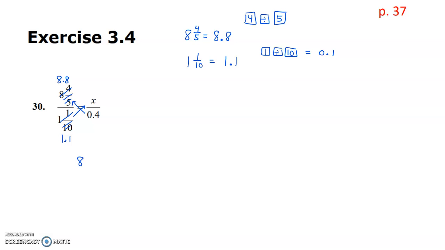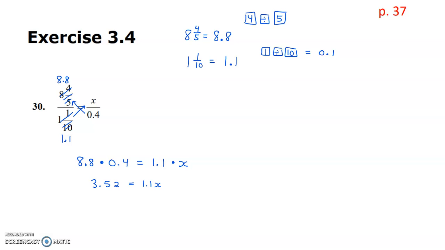So we're going to have 8.8 times 0.4 on one side of the equal sign, and 1.1 times x on the other side of the equal sign. And 8.8 times 0.4 gives a result of 3.52 is equal to 1.1 times x.